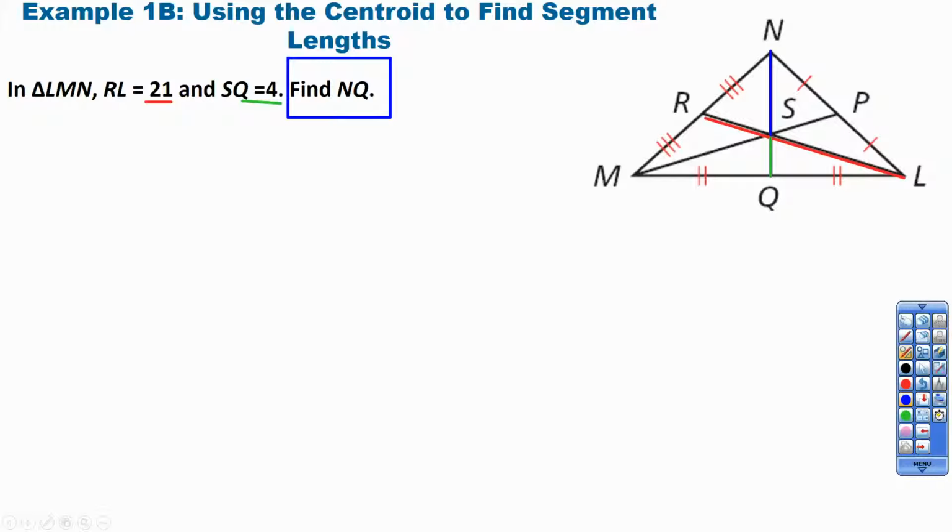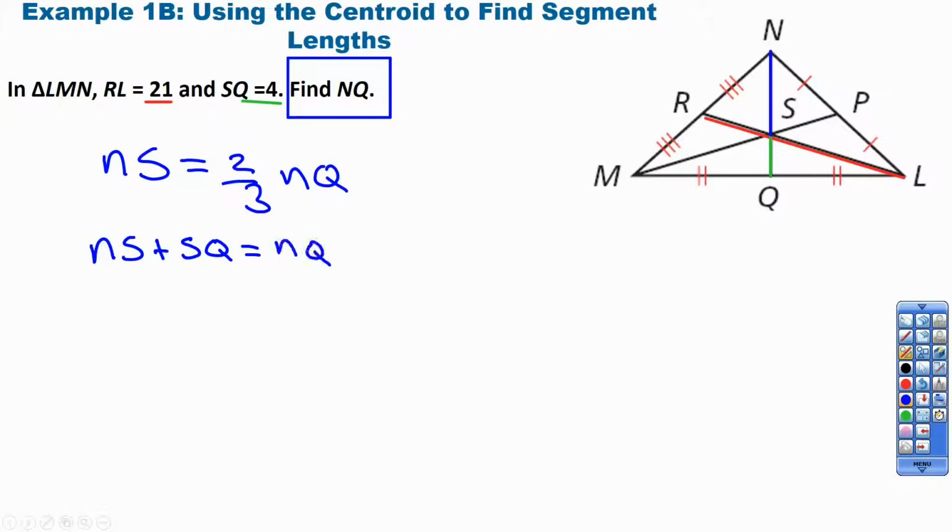From the median theorem, we can know that NS is equal to 2/3 NQ. Well, let me tell you this. What do we know about NS and SQ? Correct. We know that NS plus SQ is equal to NQ.